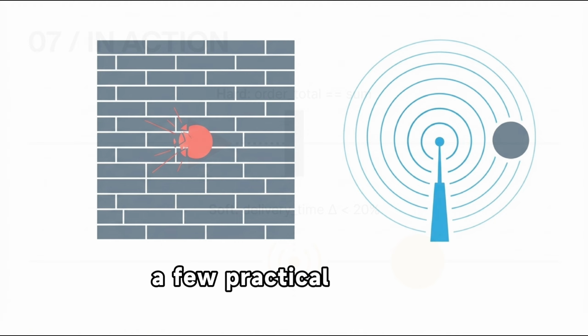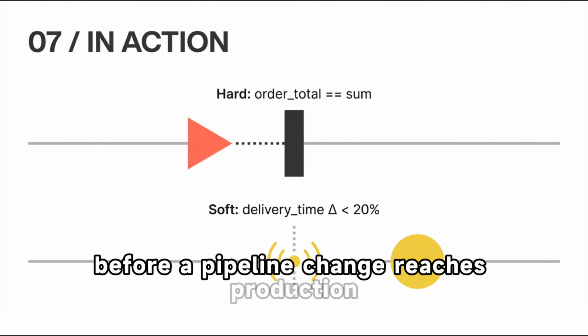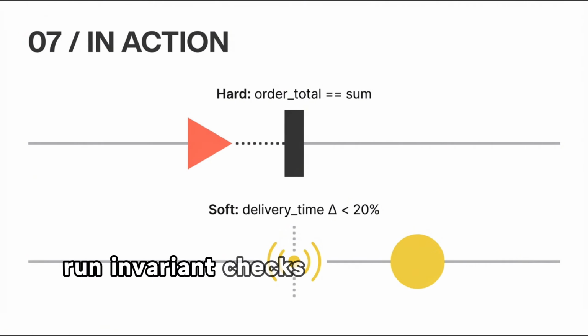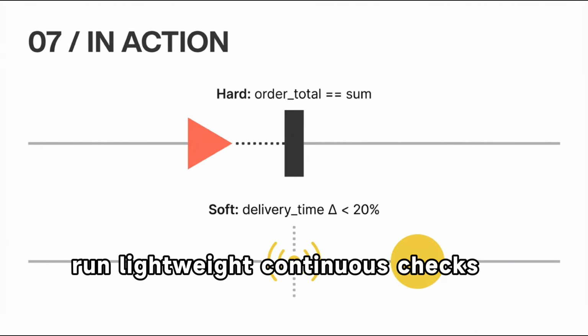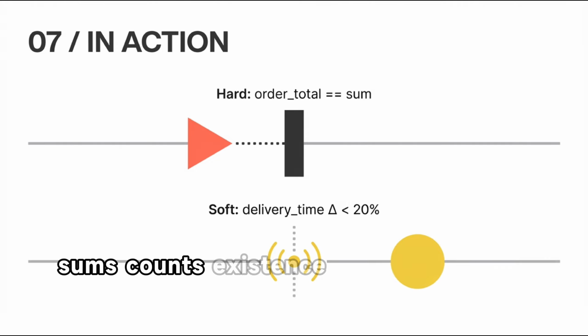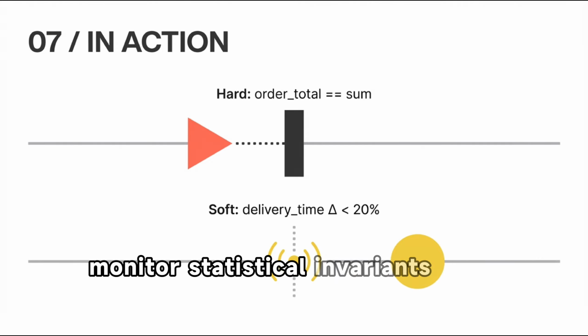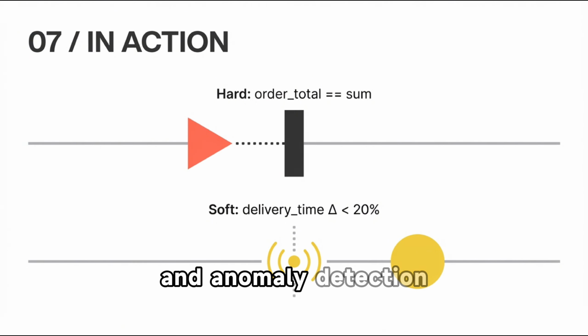A few practical patterns. Implement invariants as tests in CI. Before a pipeline change reaches production, run invariant checks on a staging dataset. Run lightweight, continuous checks in production. Many invariants are cheap: sums, counts, existence checks. Run them frequently. Monitor statistical invariants with thresholds and anomaly detection.